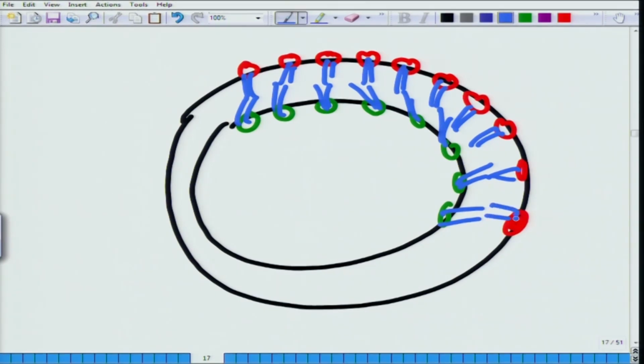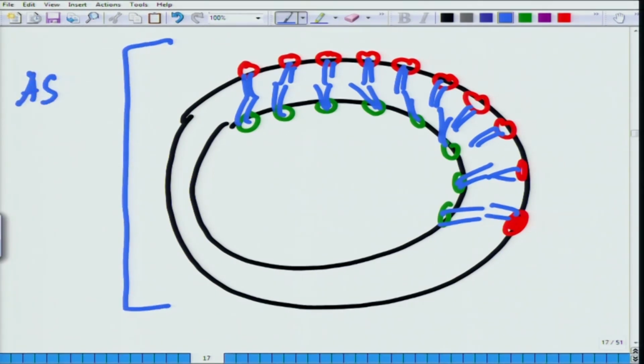Okay. Another interesting feature is that this is asymmetric in nature.